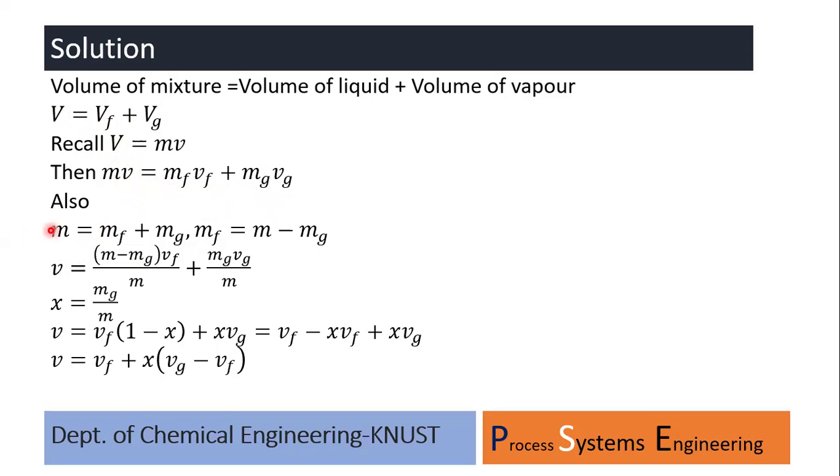We also know that the mass of the entire mixture is the mass of the liquid plus the mass of the gas. So I can make MF the subject and put that into this expression. When I do that and make V the subject, I'll get this expression over here, right?